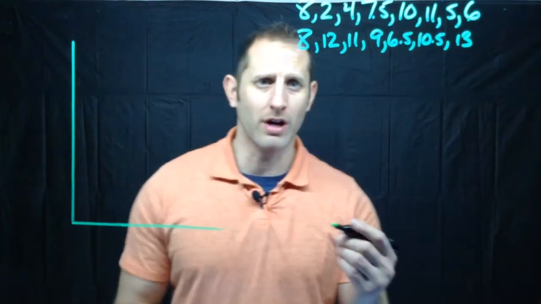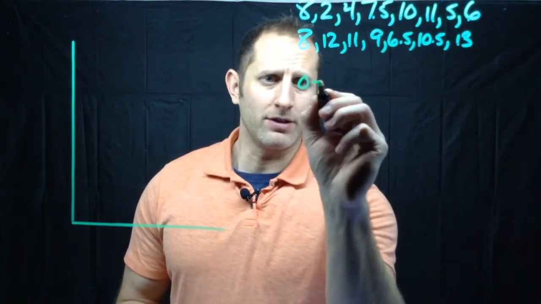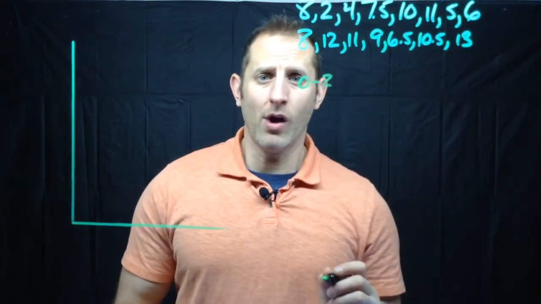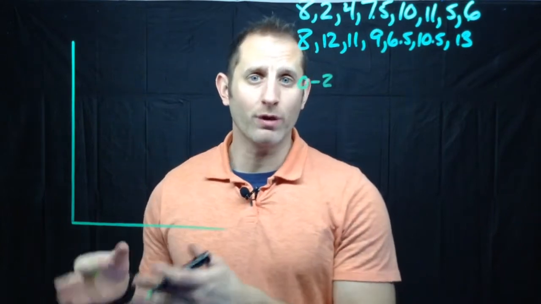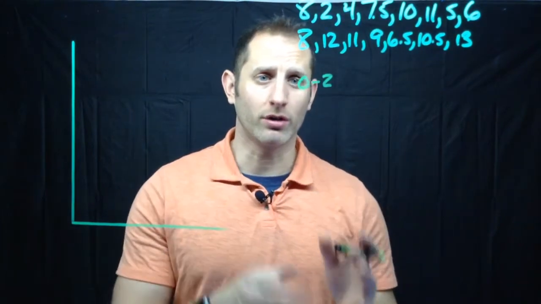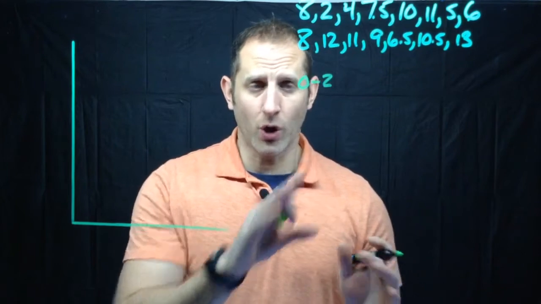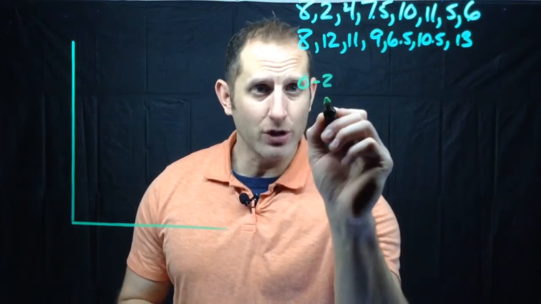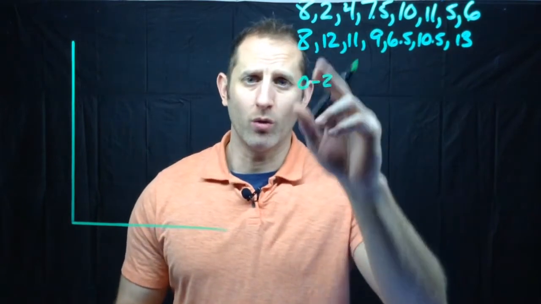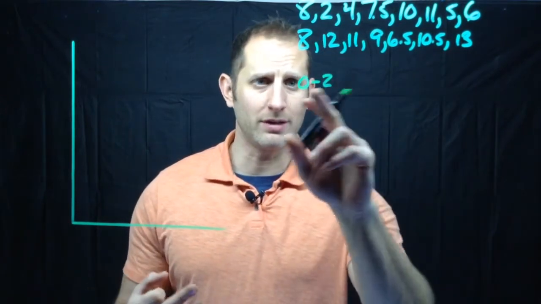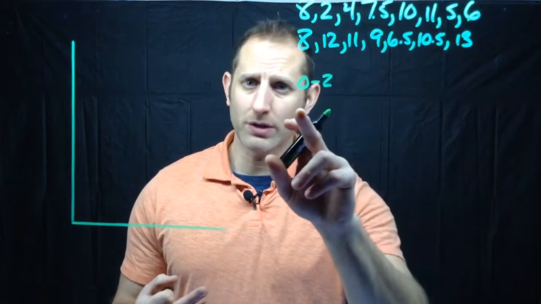So why don't we just start with something like 0 to 2. And then one of the things that you'll want to remember is that you do not want to overlap your ranges here. So we don't want to start our next range at 2 to 4, because if we did that, let's say we had a 2, which one would it go into? Would it go into 0 to 2, or would it go into 2 to 4?